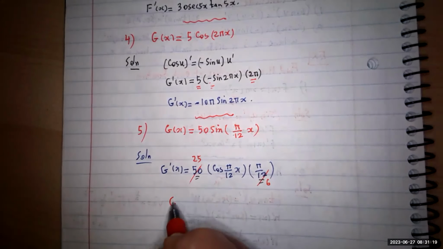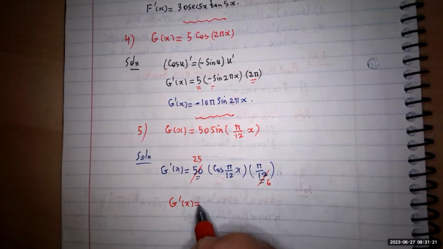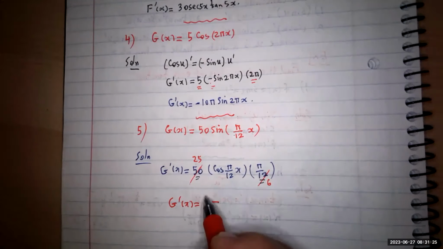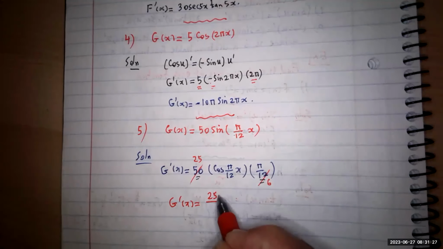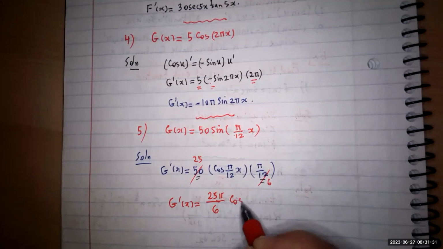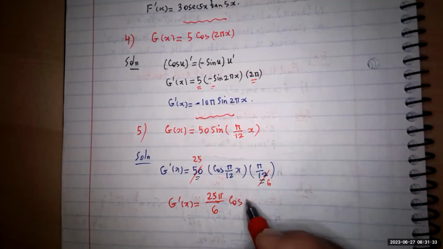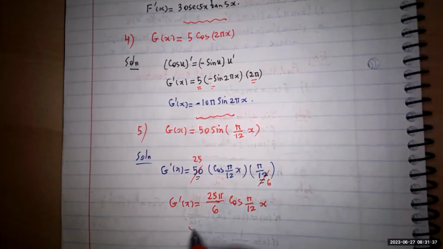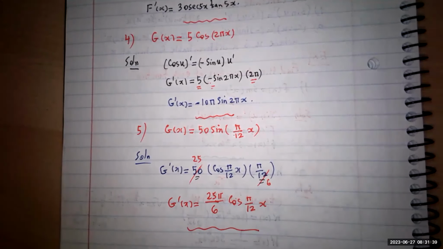So the final answer is g prime of x equals 25 pi over 6 times cosine of pi 12x. So you will see this function and the way we're going to operate with it to get the results. Any questions?